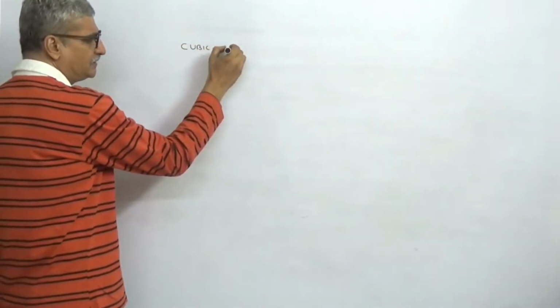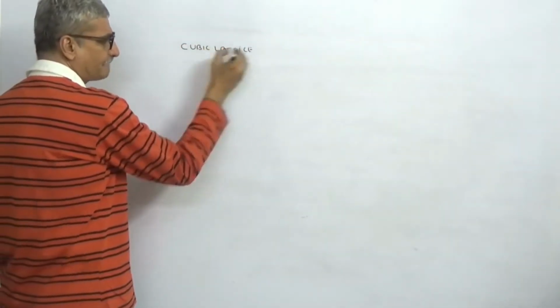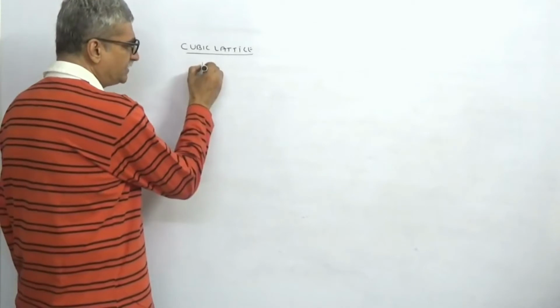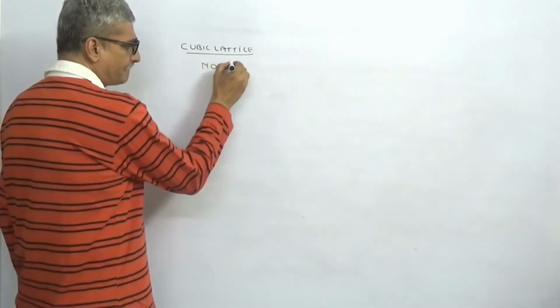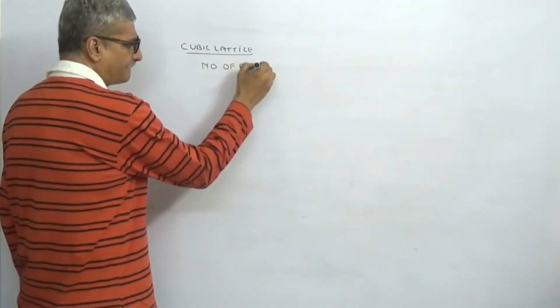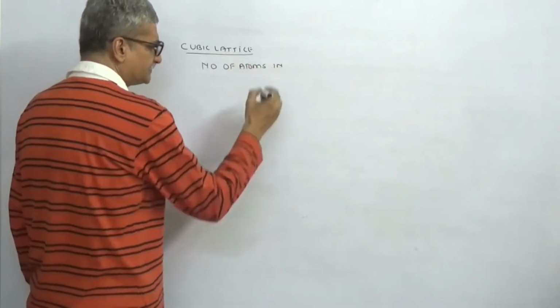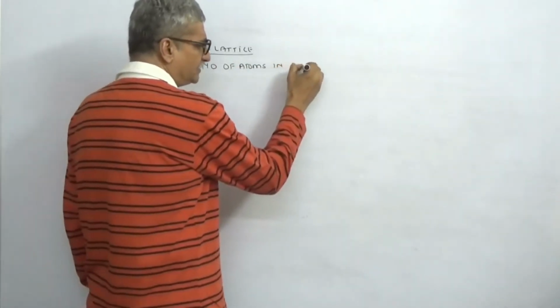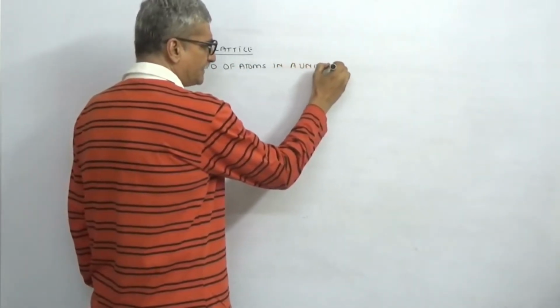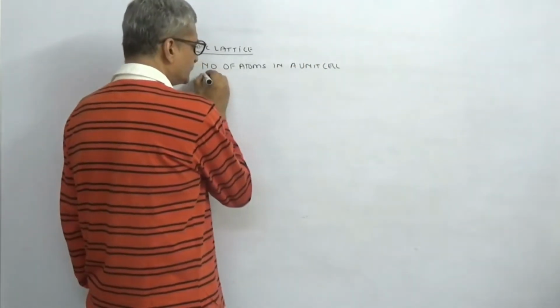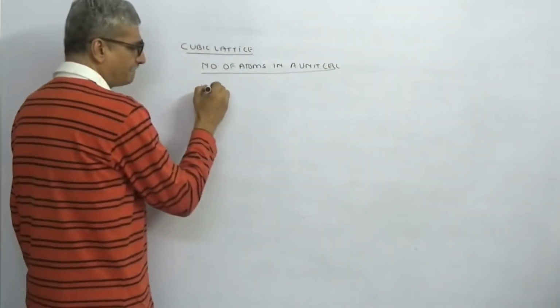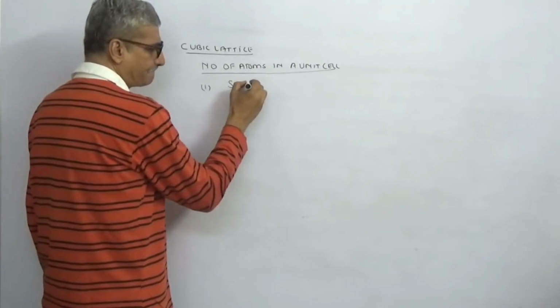So, cubic lattice. We are now talking about a new term, that is the number of atoms in a unit cell. First for a simple cubic.